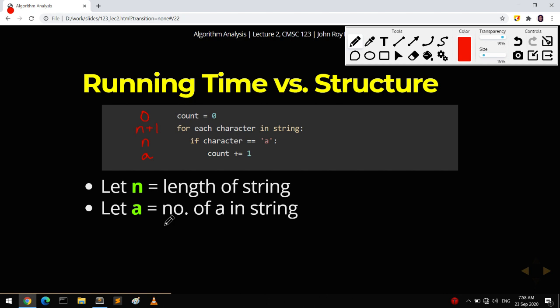If you have, let's say, 5 A's in the string, count will be incremented 5 times as well. So in total, the running time is 2n plus A plus 1. That is our total running time, 2n plus A plus 1.